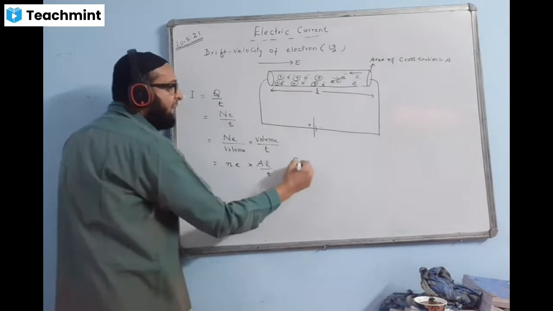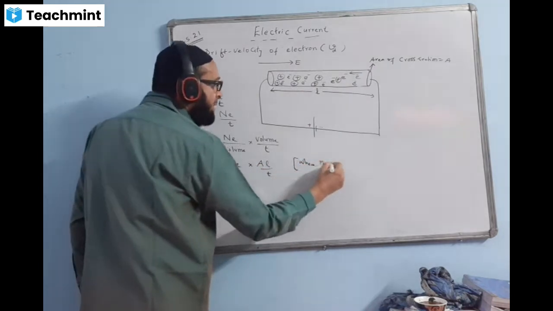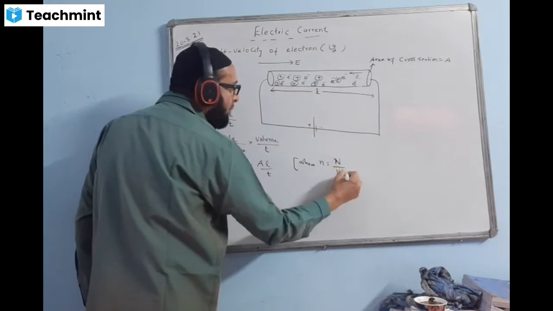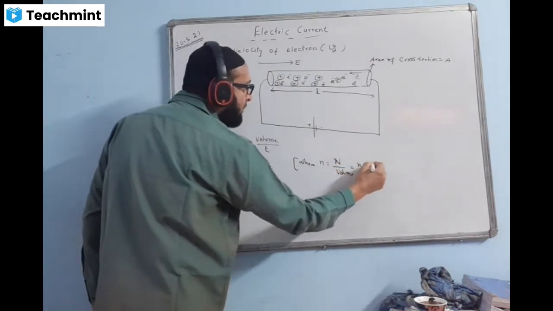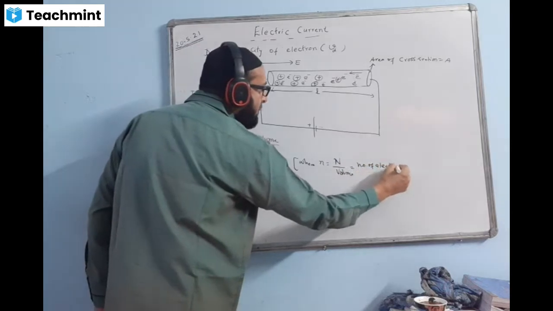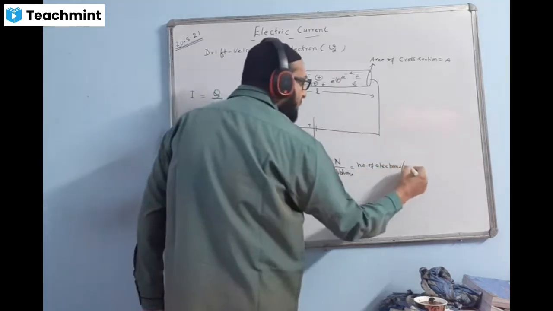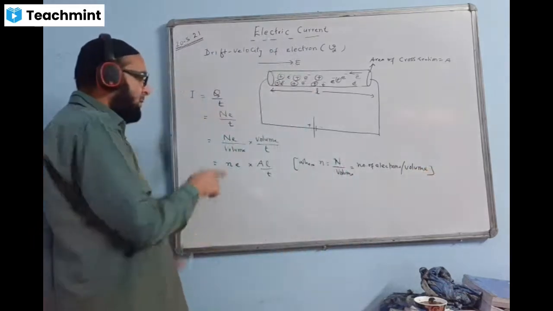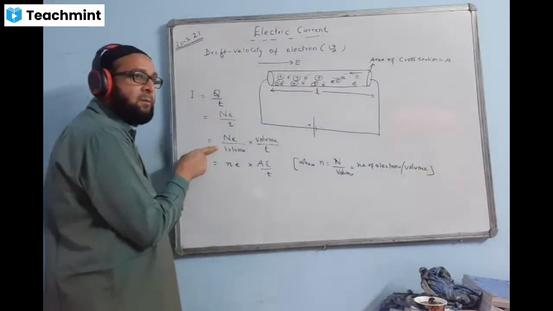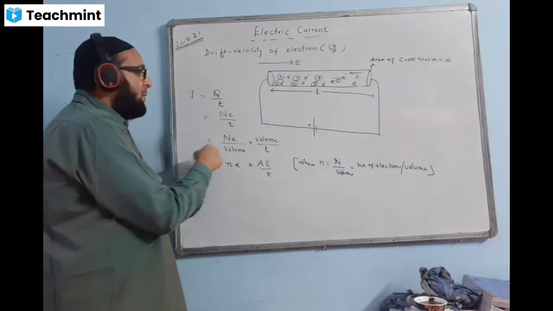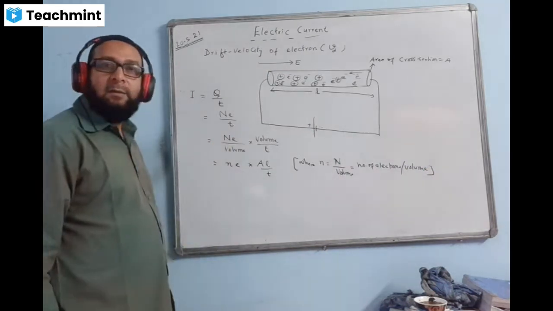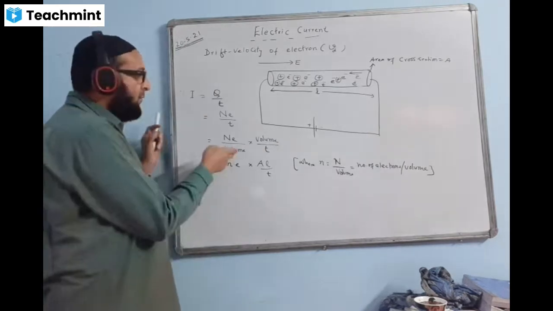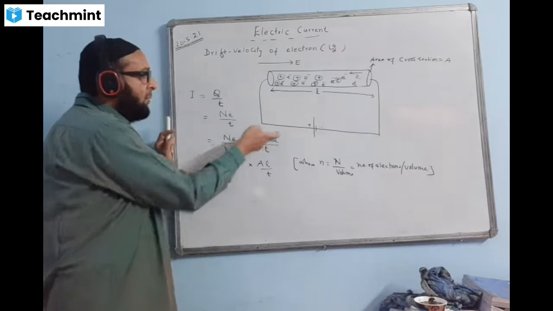You can mention here where n is the number of electrons per unit volume. In any fraction, we can divide and multiply with the same quantity, because volume cancels.